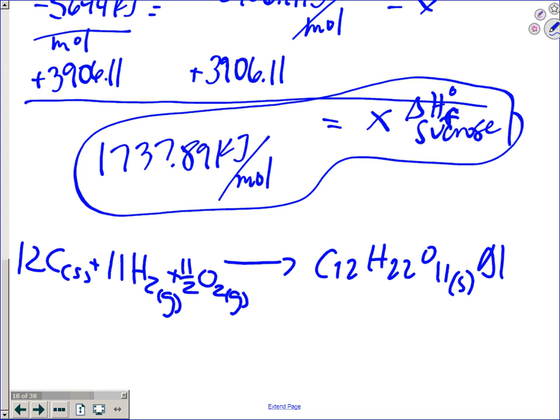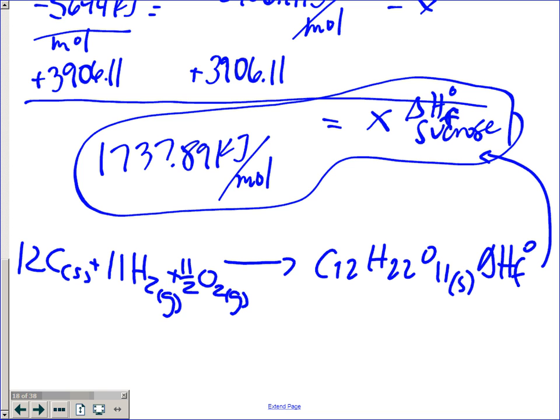This is the delta H formation value that we just solved for up here. We did that through enthalpy of combustion, which is the same as enthalpy of reaction. Enthalpy of reaction is just a really generic term, but this is specifically enthalpy of combustion because we combusted this specific reactant. So you could do it either way. This delta H formation would have to be given to you in a textbook, in a table.